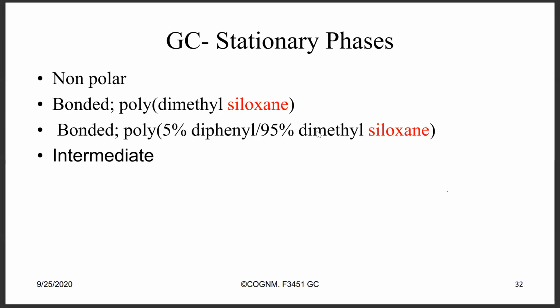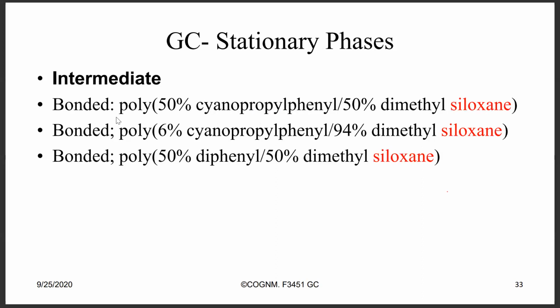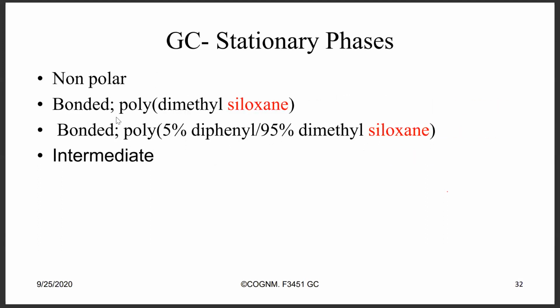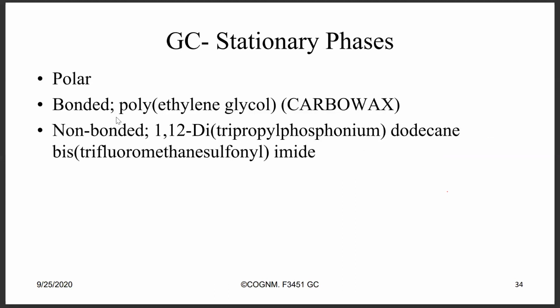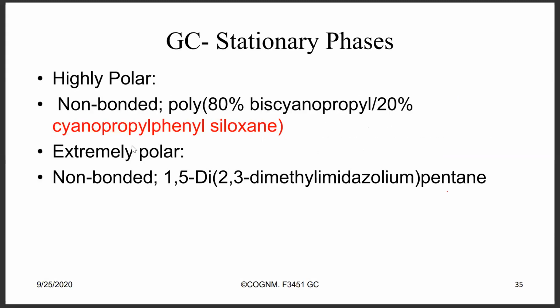So we use poly, 50%, 50%, which we can use either this or this, which is usually non-bonded, 80% custom component and 20% selection.